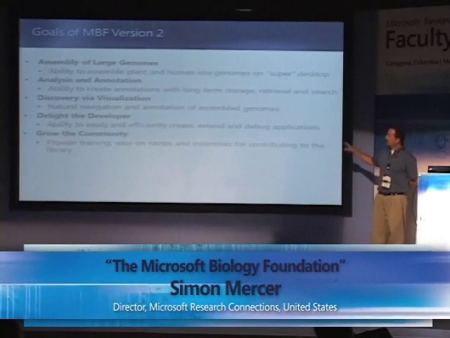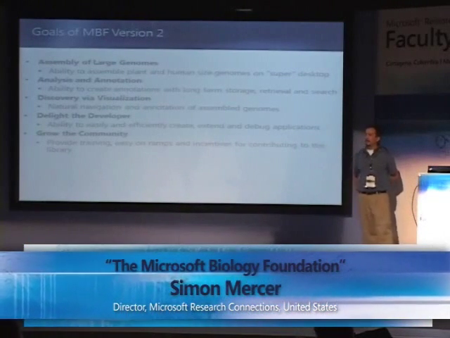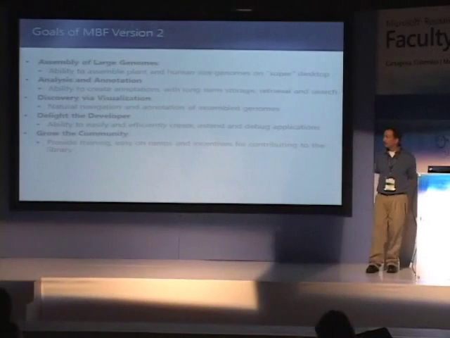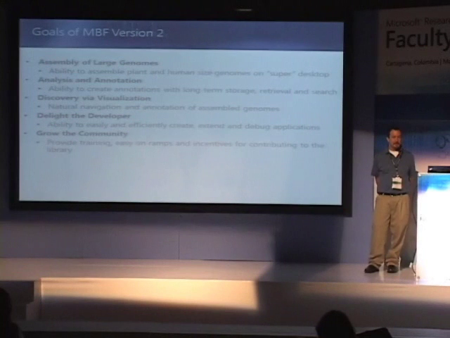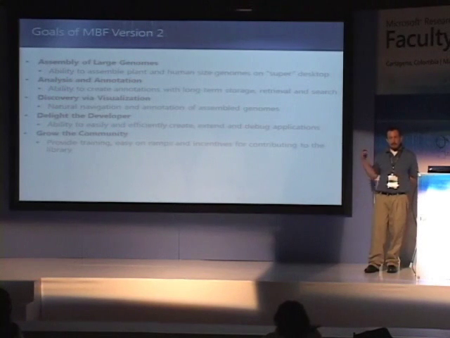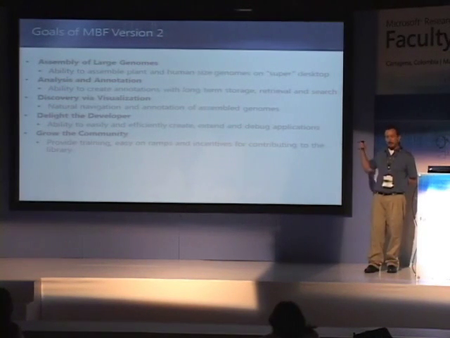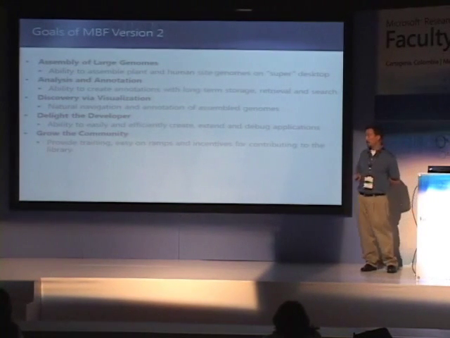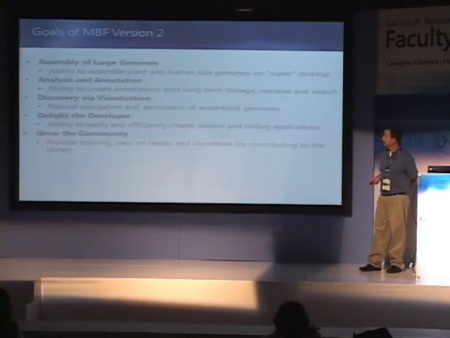I guess the other thing I should say about the developer piece is one of the things that we found by using the .NET Framework 4 is how easy it is to parallelize algorithms that lend themselves to parallelization via the .NET parallel extensions. And we've made extensive use of that, especially in our assembly and alignment algorithms. And we think that's also something that people are going to appreciate.